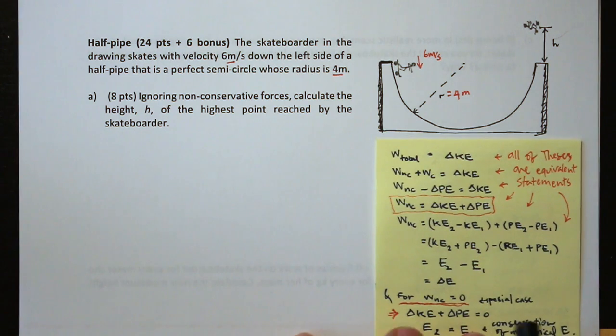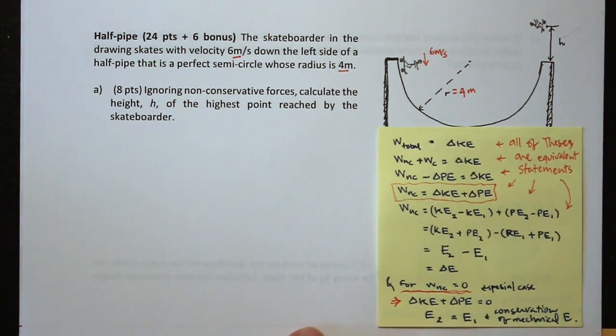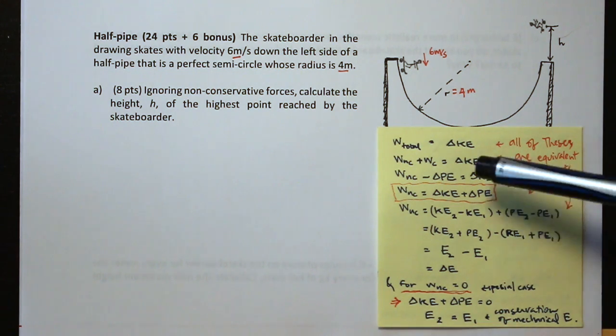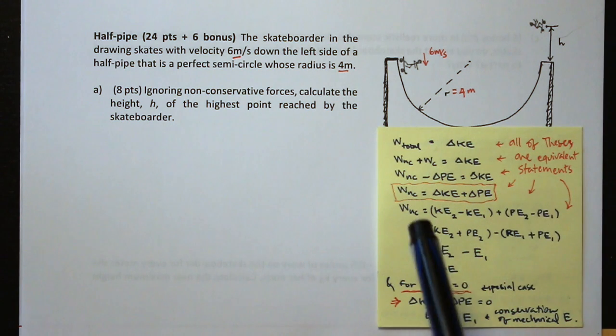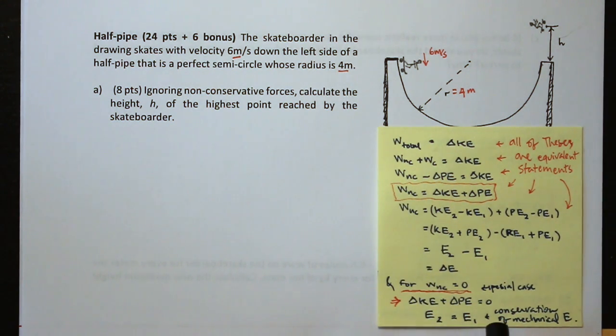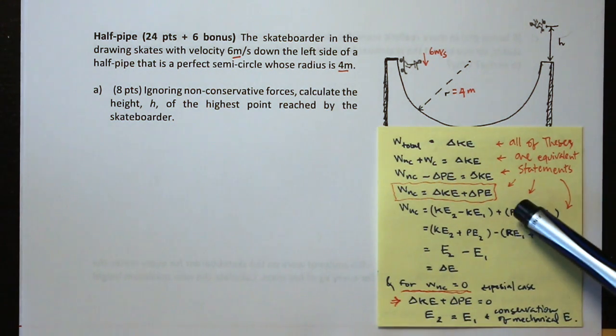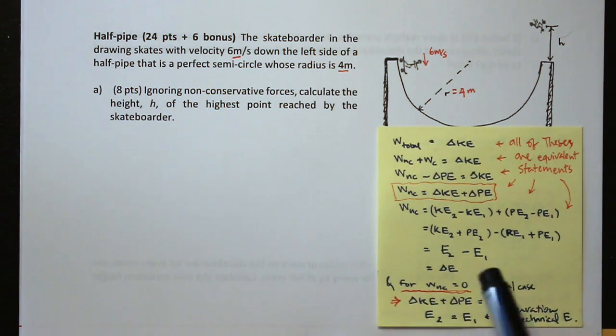And in the special case in which non-conservative forces do no work, then of course this reduces to delta KE plus delta PE is equal to 0. And that means that if I do the same manipulation, the difference between E2 and E1 is going to be equal to 0. That means that mechanical energy is conserved.